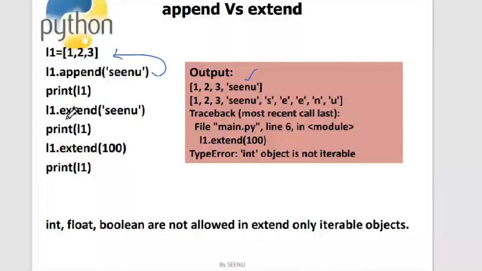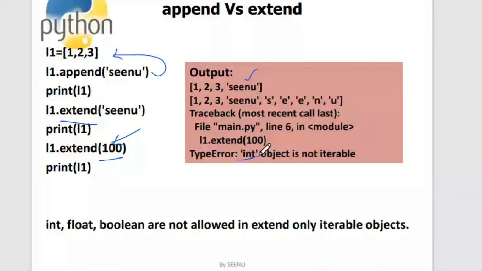In the next case, I have given 100 as an argument into the extend method. Now it is saying int objects are not iterable. So this is another difference between append and extend. You cannot give integers, floats, or booleans into extend.